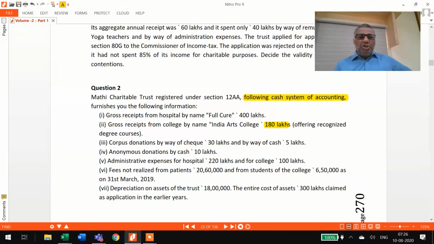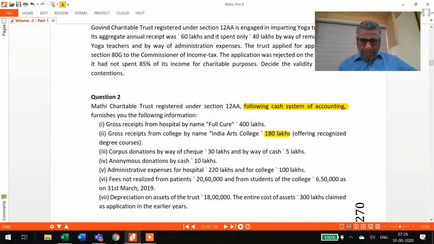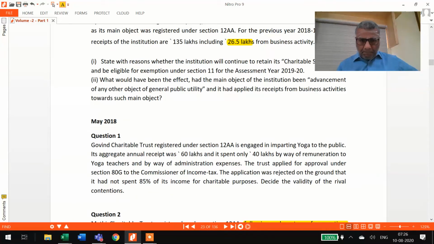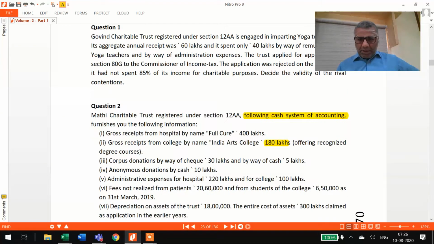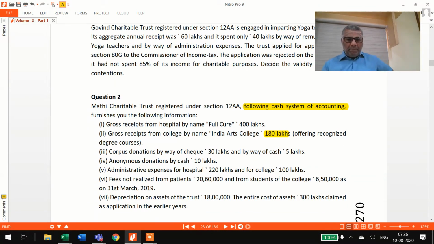Corpus donation by way of check and by way of cash. Sir, in the previous question, the trust applied for approval under 80G, does that have any relevance? Yeah, I will come to that, sir. I need to come to administrative. Corpus donation by way of check 30 lakhs and by way of cash 5 lakhs.